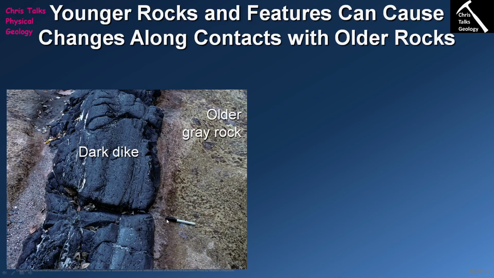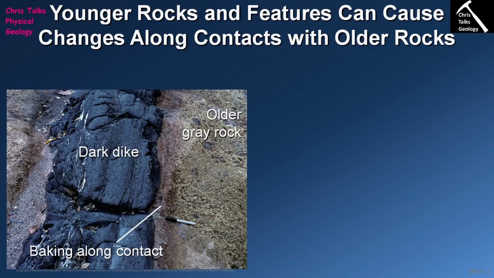Now the thing you'll notice though is that at the contact between the dike and the country rock which it's intruding, you'll see there's a noticeable change in colour. We have a black dike here, we have this kind of greyish green rock here, but the contact between the two is picked out by this slightly rusty red kind of colour. Now this is referred to as a baked contact, and the formation of a baked contact is due to the heat from the magma heating up the rock which it's in contact with and causing the minerals to change.